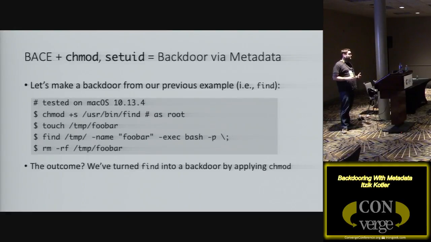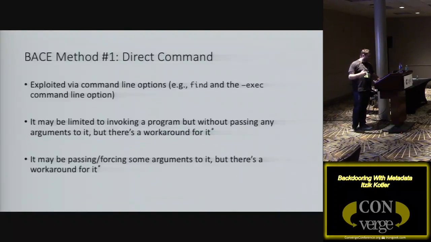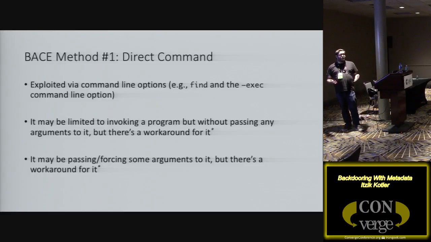It's important because bash by default will drop the privilege, and so supplying that command line argument is what allows us to make it a root shell again, although some can argue that you can use other shells and they won't have that requirement. But then looking forward, in that particular environment, this may be the only viable option.